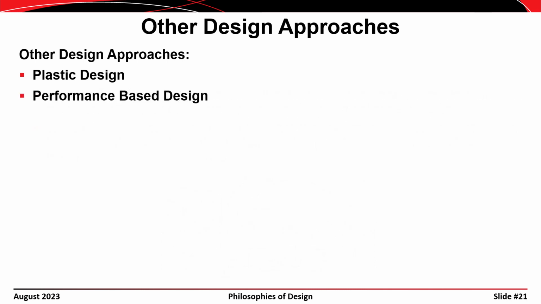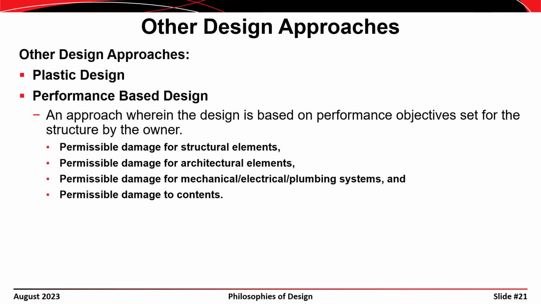Performance-based design is something that's just starting to come into vogue now. The idea with performance-based design is that rather than going to a specification where it says that each member has to satisfy the sum of gamma q less than or equal to phi times r sub n, you go in and set different design criteria for the structure. Maybe as an owner, you would say that under an earthquake that has 5.5 on the Richter scale, I don't want any more than $400,000 worth of damage to my structure.